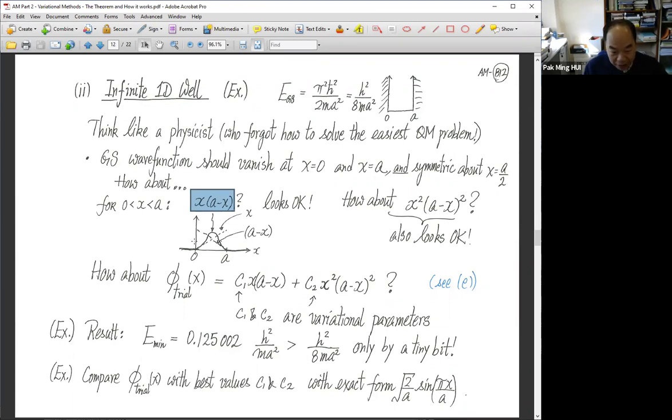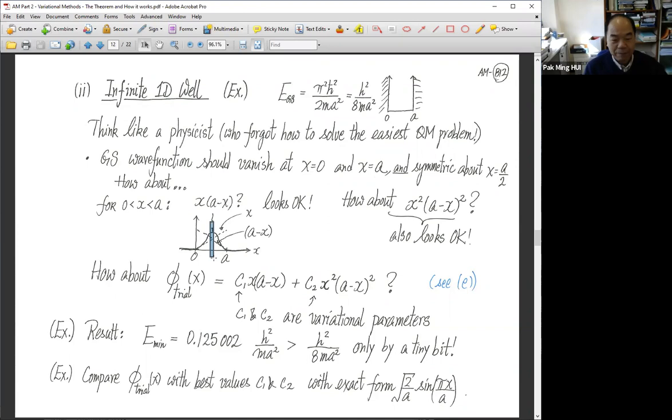So x is this dashed line increasing, and a minus x is the other dashed line that drops linearly. If you multiply these two things together, it has our expected property: symmetric in the middle, drops out, and zero outside the well.